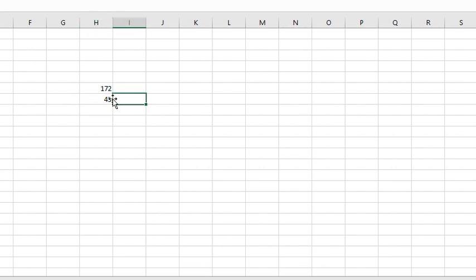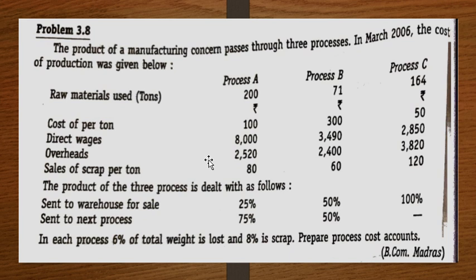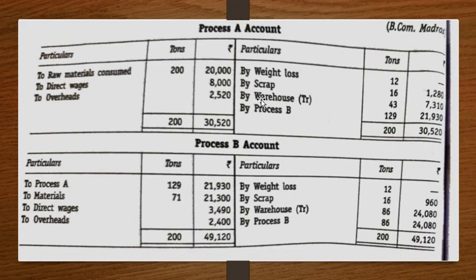So 43 tons is the number of tons which is transferred to the warehouse. Next, we will consider this 43 in the process account, as by warehouse 43 tons. The value for it will be calculated.